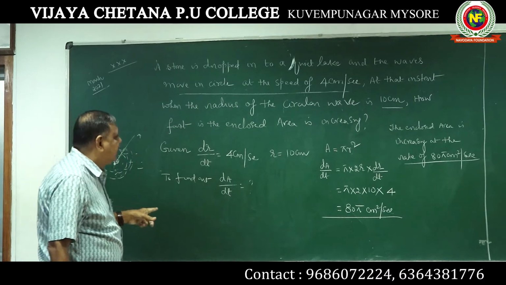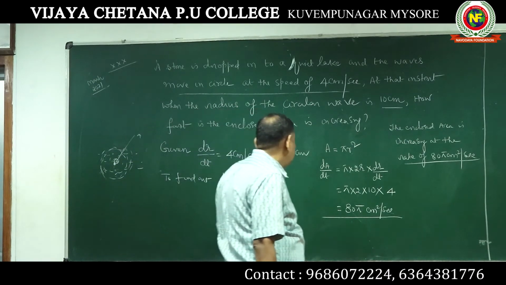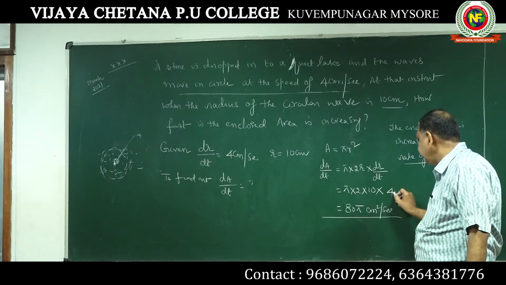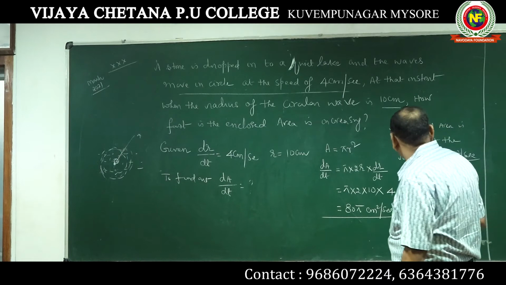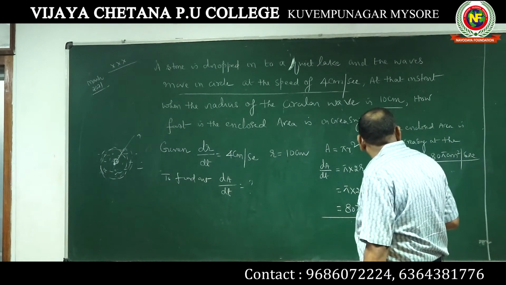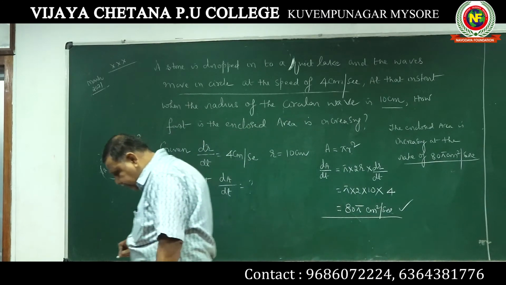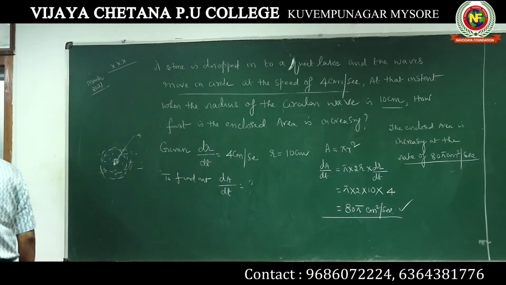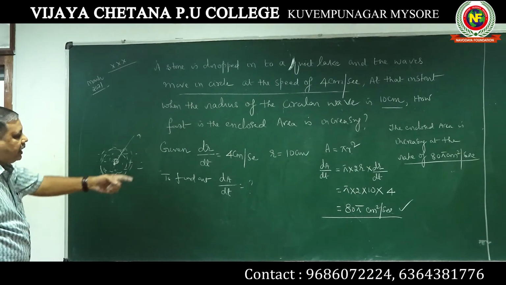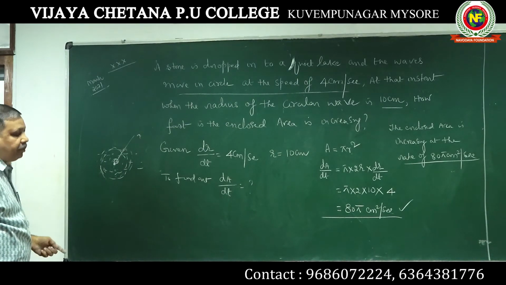So dA by dt is pi into 2r into dr by dt, substitute. Now multiply, we get 80 pi centimeter square per second. So the enclosed area is increasing at the rate of 80 pi centimeter square per second. It's a very important problem.